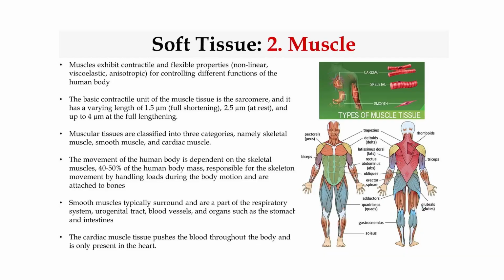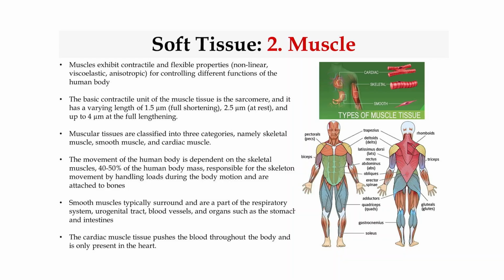So the basic contractile unit of a muscle tissue is the sarcomere. That is the unit cell or the basic unit of a muscle, and it has a varying length of 1.5 microns. Microns is 10 raised to power negative 6, right? Micrometers, which is 1,000th of a millimeter. So 1.5 microns during full shortening and 2.5 microns at rest.